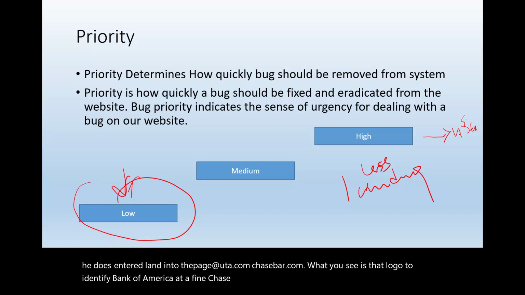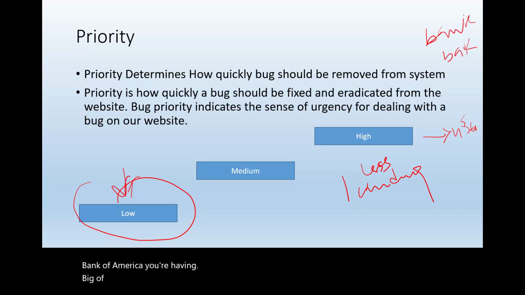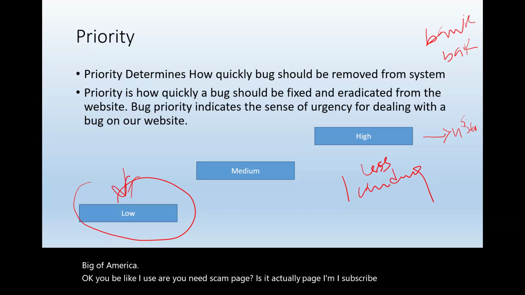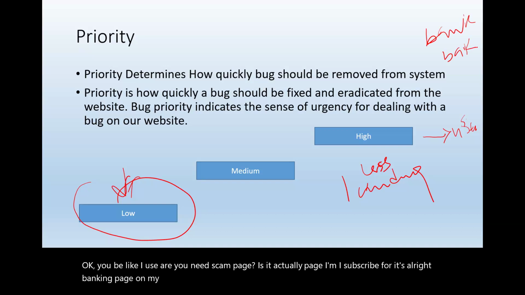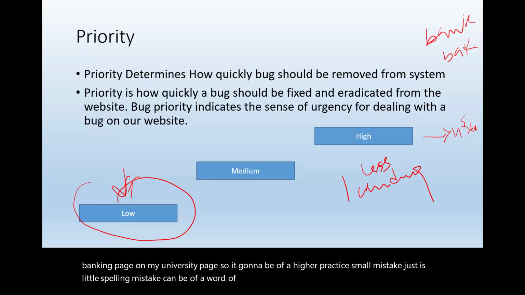And if there's a spelling mistake in the words Bank of America, you'll be like, am I in a scam page? Is it actually a page I subscribed for? Is it my banking page? Is it my university page? So it's going to be of a higher priority. Small mistakes, just a little spelling mistake, can be of a high priority. So it depends on the user landings and, two, business value.